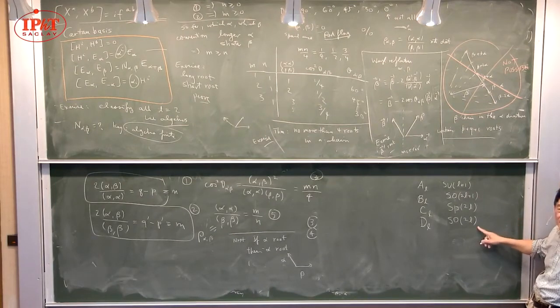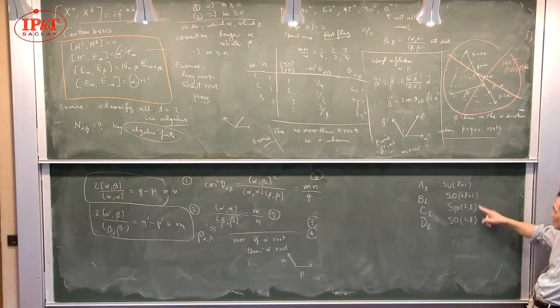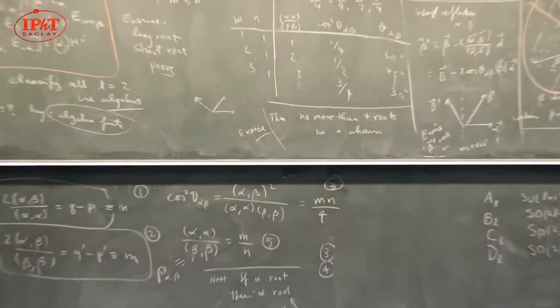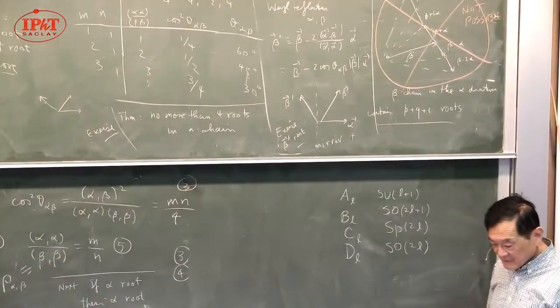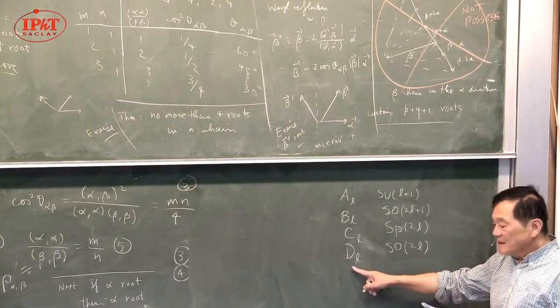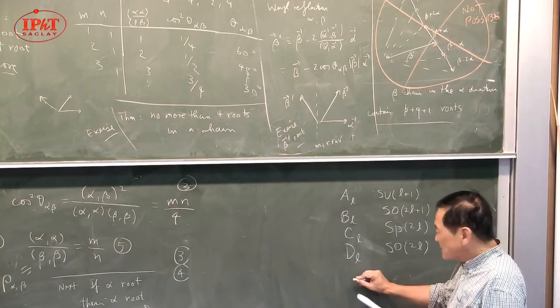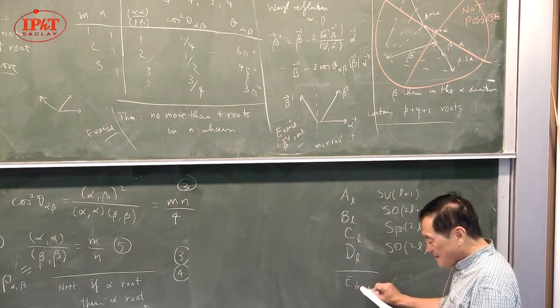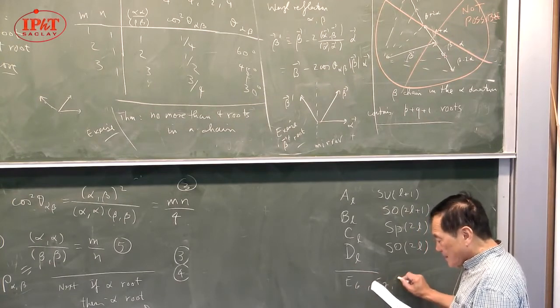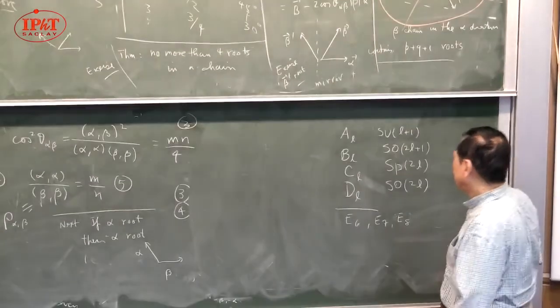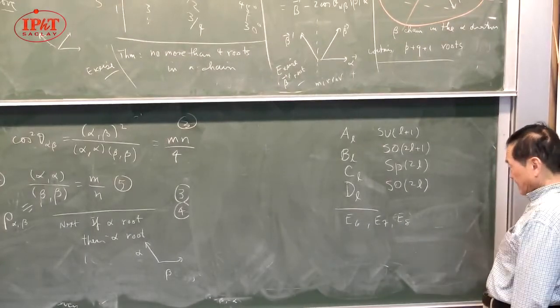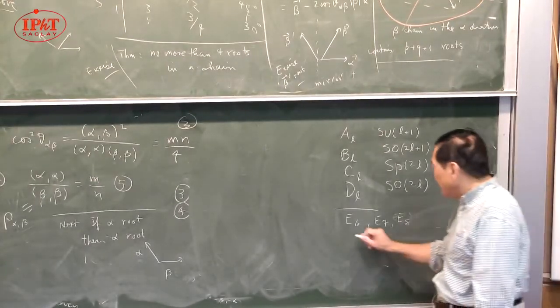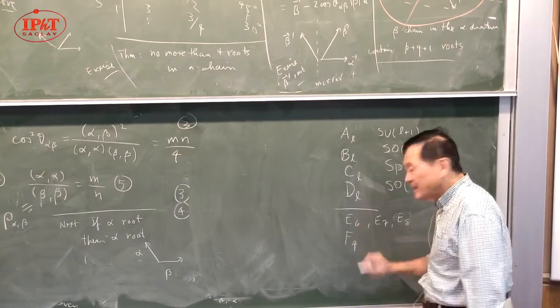The other thing, which I've already said several times, is that to mathematicians, the odd SO groups and the even SO groups are different. They're even in different families. Then after the D's, the mathematicians discover E6, E7, and E8. It ends with E8 for finite Lie algebras. And then they discovered F4.